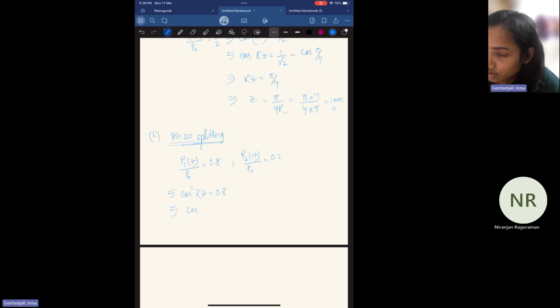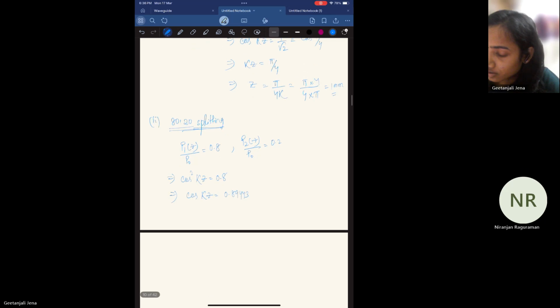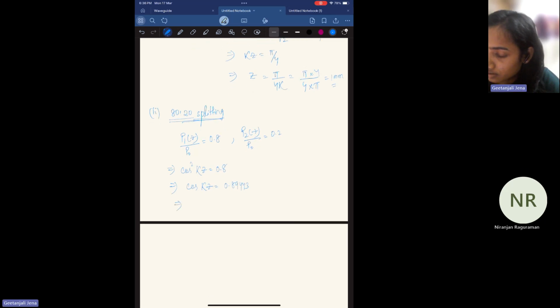So cos kappa Z will come around 0.89443, and kappa Z is 0.46365. So if you take the cos inverse, you will get it. So Z is 0.4636545.